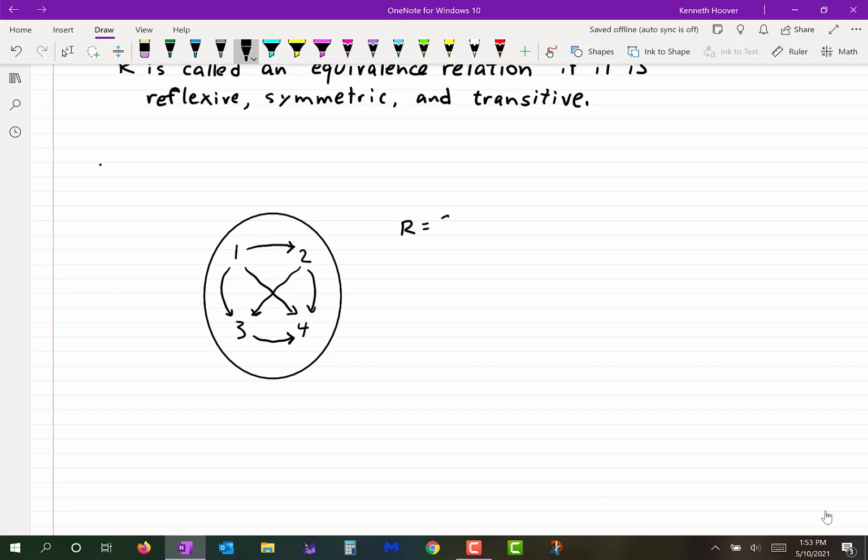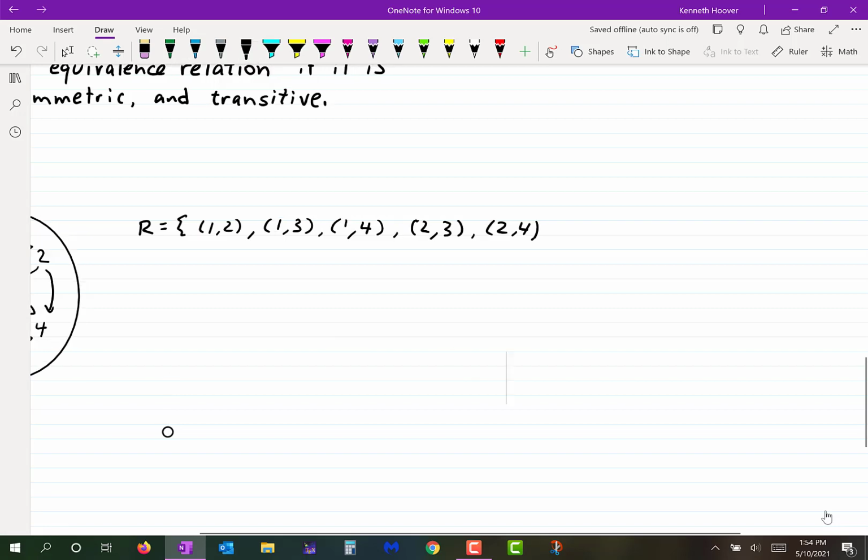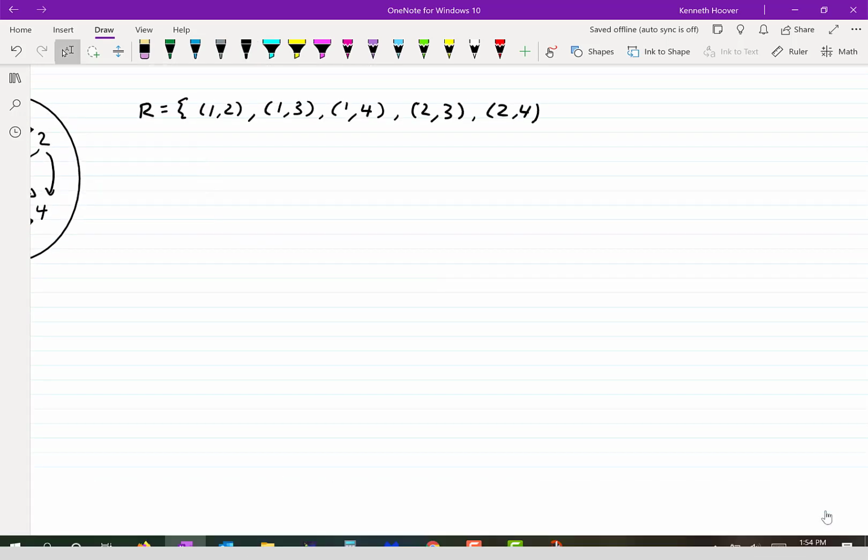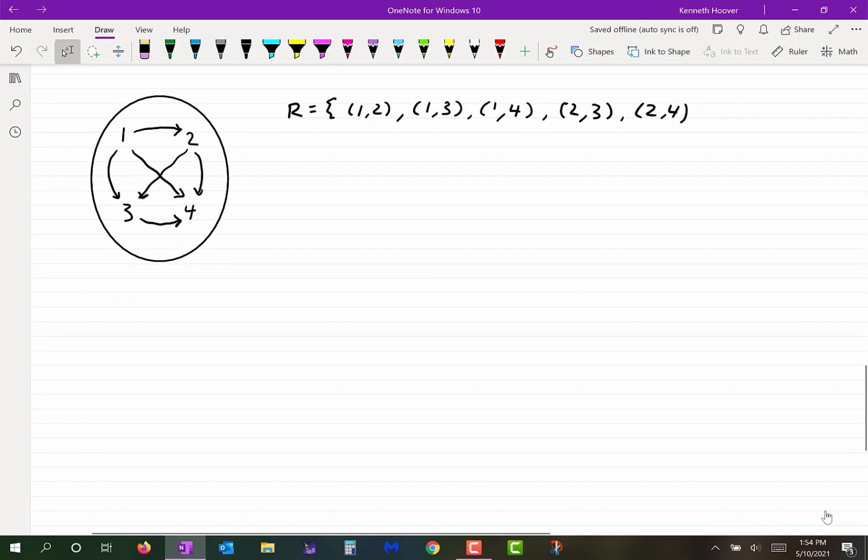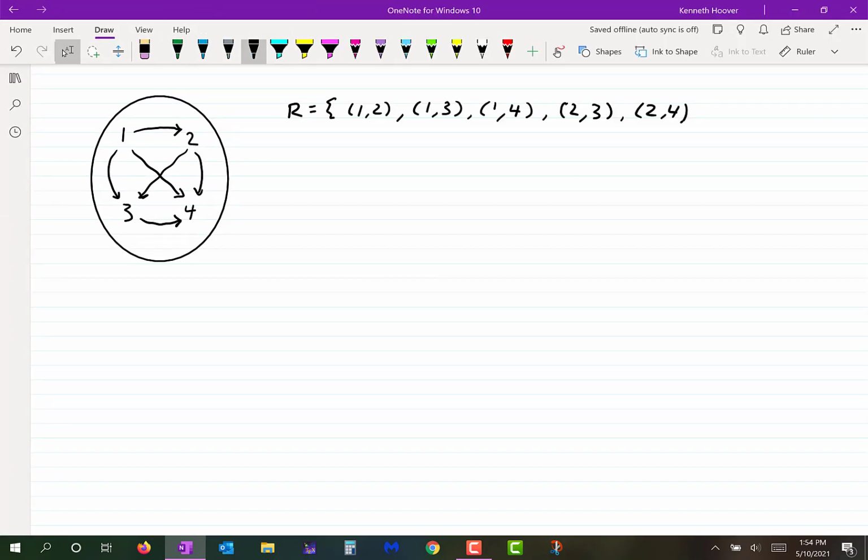This represents the relation is less than. Okay, that represents the relation is less than.